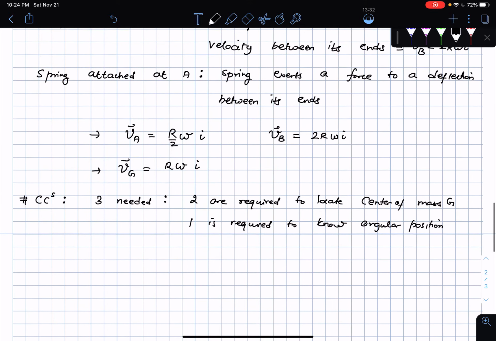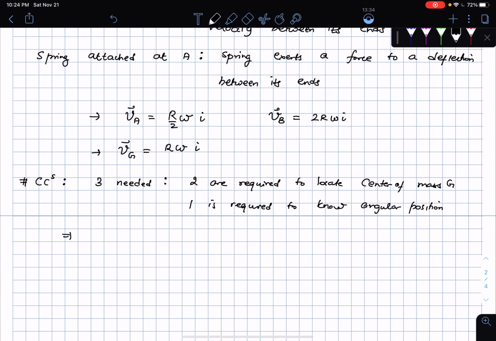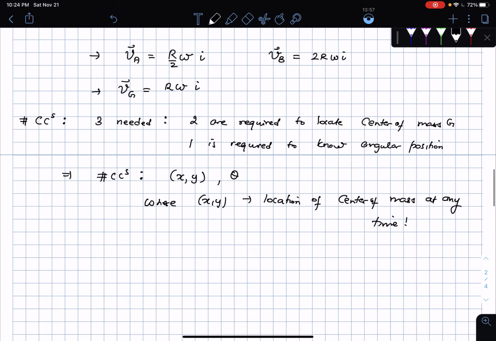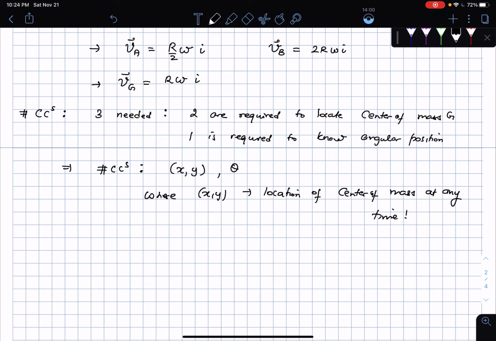So the 2 coordinates of the center of mass, which means that my configuration coordinates will be x, y and then theta, where x and y is the location of the center of mass at any time. Okay, this much we know from previous things that we have done on disks and so on.